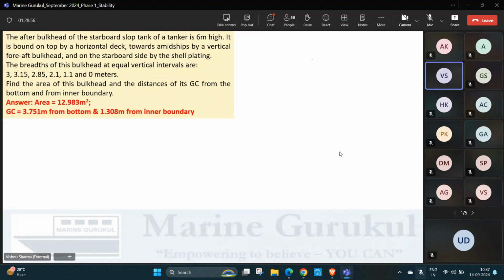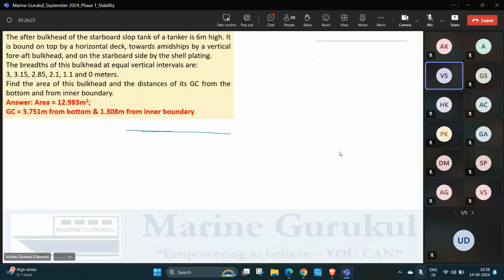Those who have not sailed on tankers, imagine yourself in any of the cargo spaces, especially towards the after end of the ship, say the after cargo space, and then face the aft bulkhead, and then imagine the bulkhead up to the center line of the ship, not the full bulkhead, not from side to side. The full bulkhead will look like this.